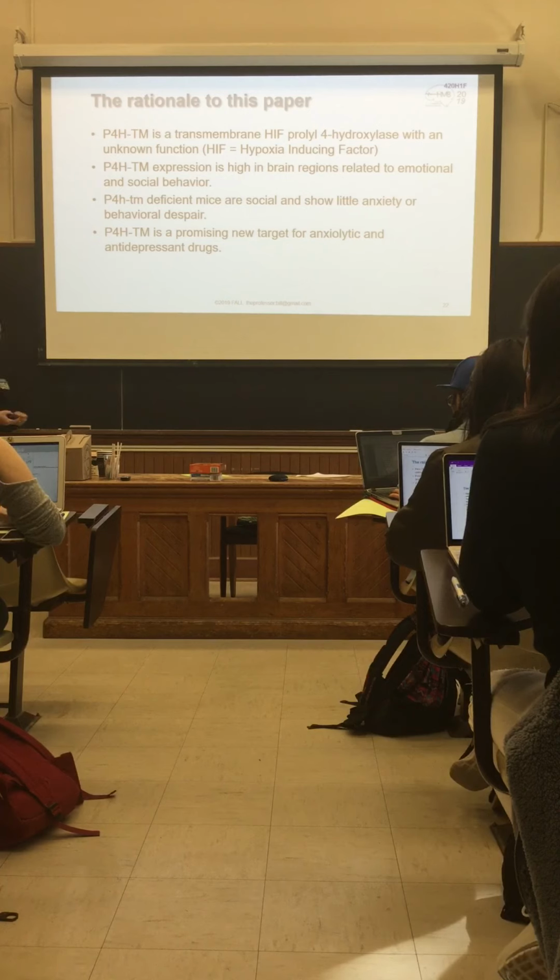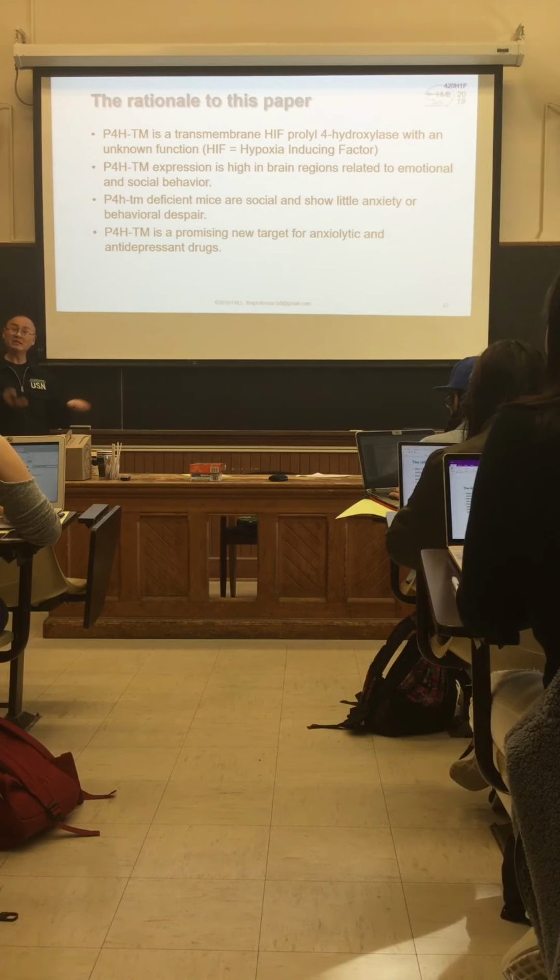This potentially could be a really interesting drug therapeutic molecule if we were able to manipulate the expression of this molecule up or down. All right, so do you have any questions on this before I go on?